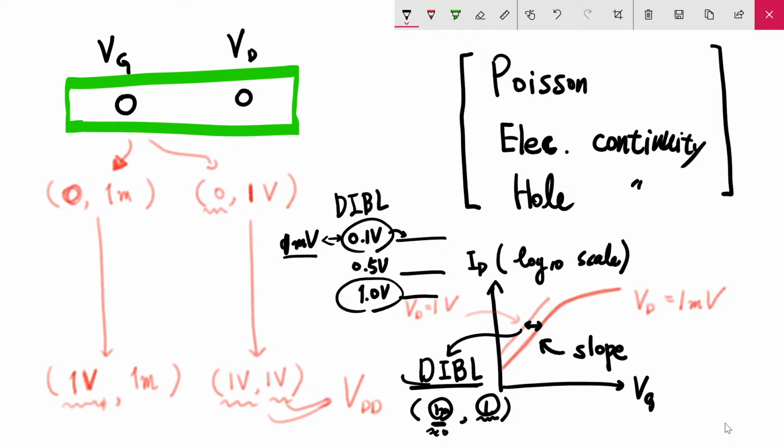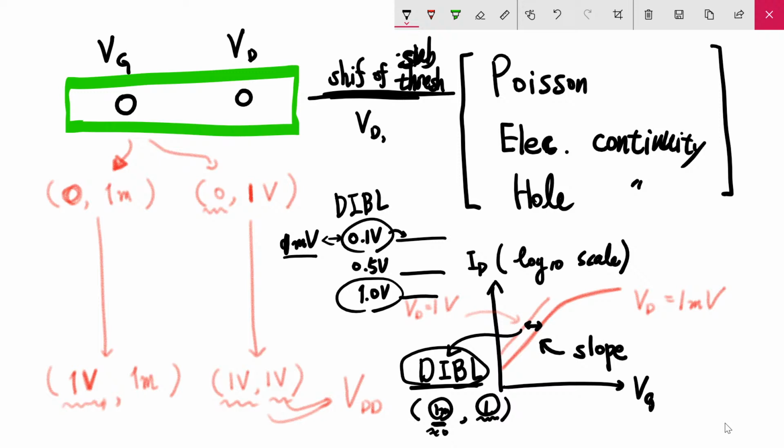So usually debris is calculated by something like this: the shift of your sub-threshold behavior. That should be the denominator, and in the numerator you have to introduce your VD value.